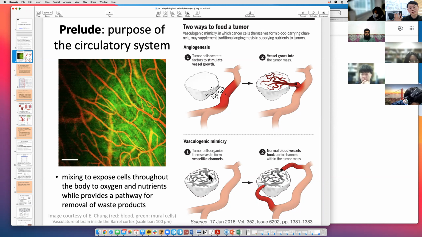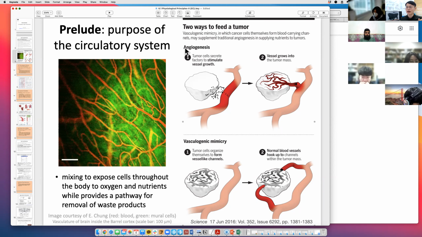There are two terminologies. One is angiogenesis, like here. What angiogenesis means is that tumors take that strategy. Tumors love this nearby, already existing vessel. They secrete growth factors, for example VEGF, vascular endothelial growth factor, and they trigger new vessels forming to feed into the tumor.